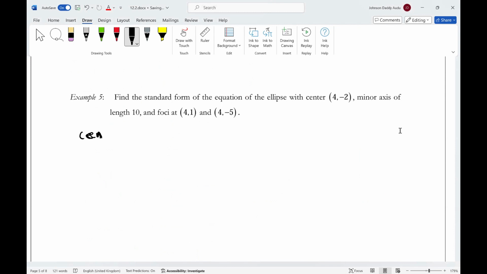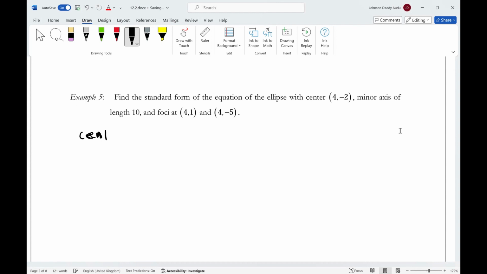And then you have the minor axis, which is given as 10. That is the length, so it means that we can find B easily.